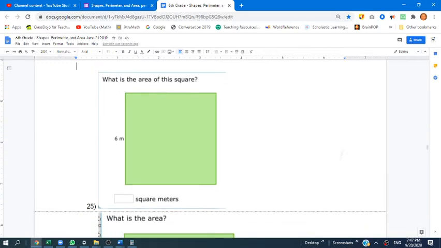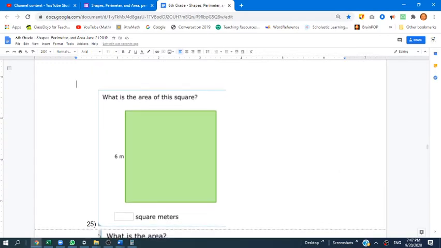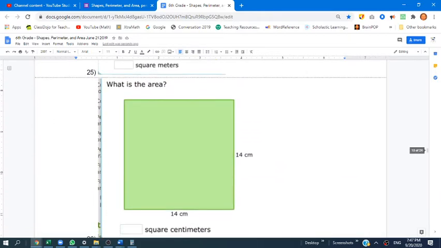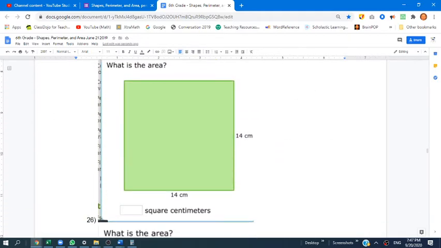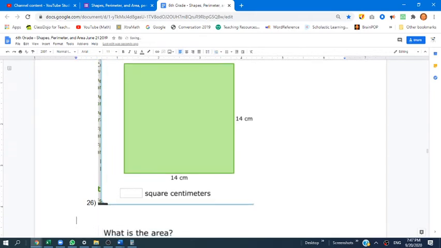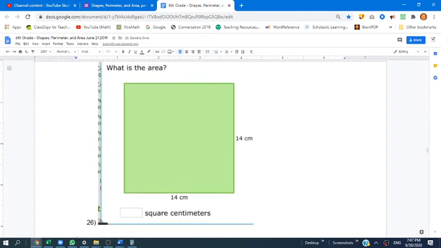Number 25. What is the area of this square? Number 26. What is the area of this square?